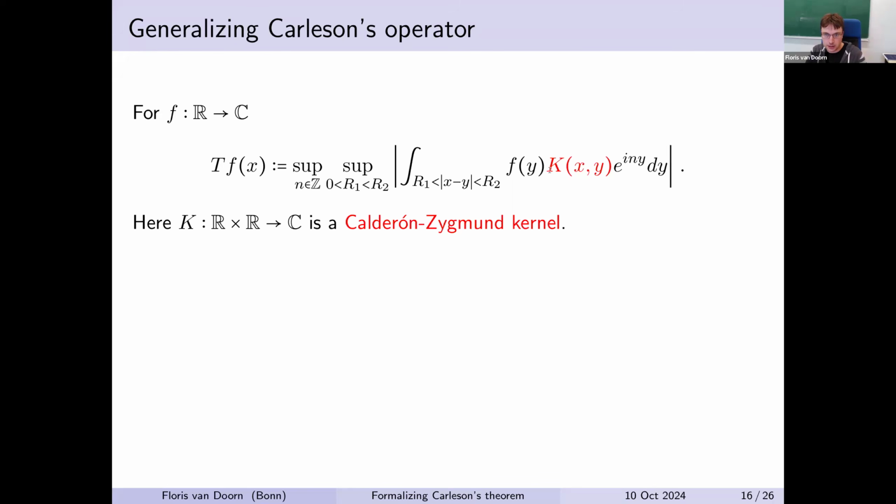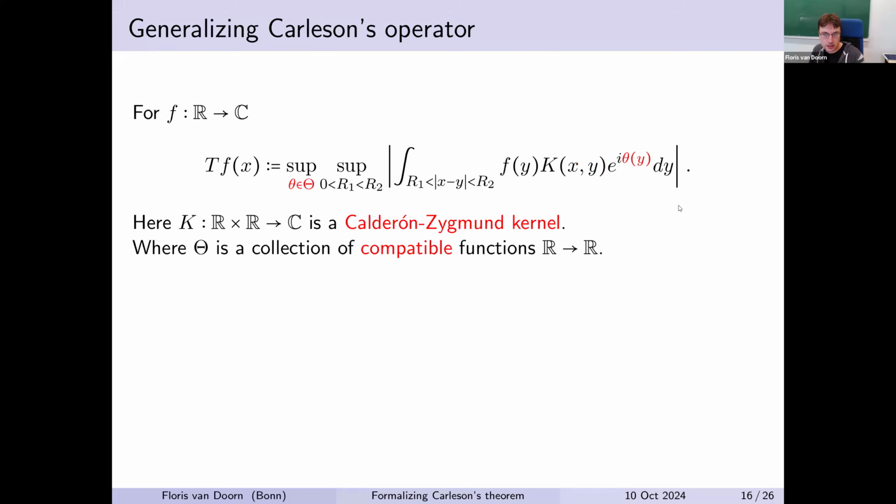So we can change this factor into a kernel. Then also in this exponent, we're now taking linear functions in terms of y. But there's also something called the polynomial Carleson operator, where instead of a linear function in y, you take a polynomial.